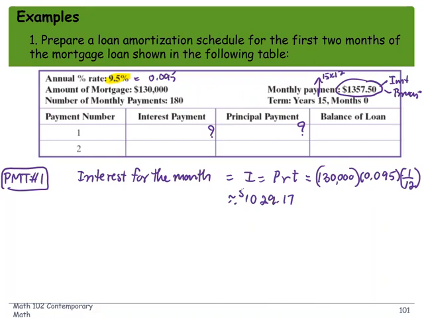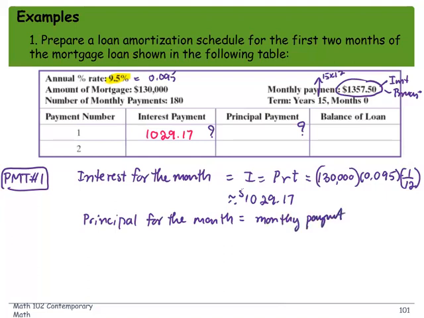The portion for the interest for the first payment is 1029.17. After that, we can compute the portion for the principal for the rest of the payment. It is the monthly payment subtracted by the interest of this month.